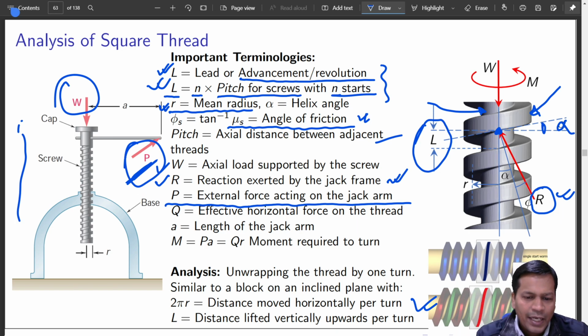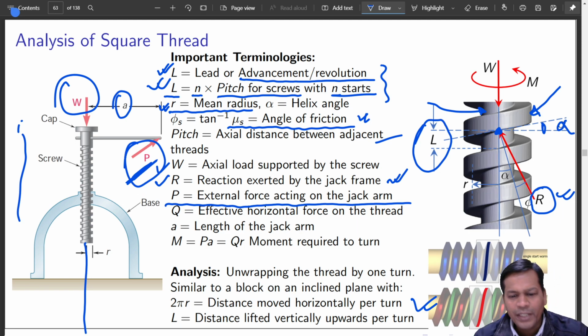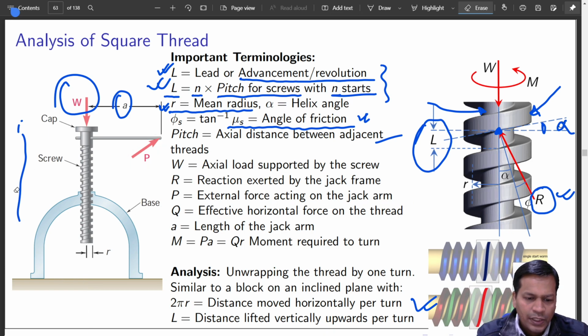So P acting at a distance A is creating a moment about this axis. Is it not? So P into A is the moment that is trying to rotate this thread about its axis, and simultaneously you will get a lift. That is what is expected. We'll see how it happens.